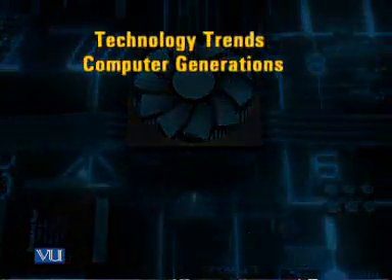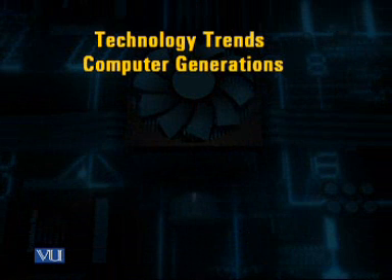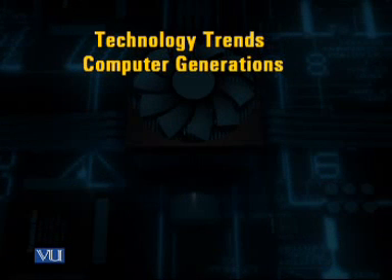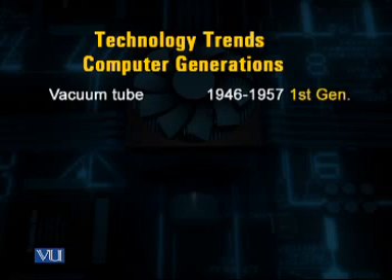Based on the technology trends, we can define different generations of computers. Usually, the generations of computers started in the early 40s to mid 50s, when vacuum tubes were used. I think most of you might not have seen vacuum tubes, but a vacuum tube in its bigger form is your television picture tube, which is the monitor.